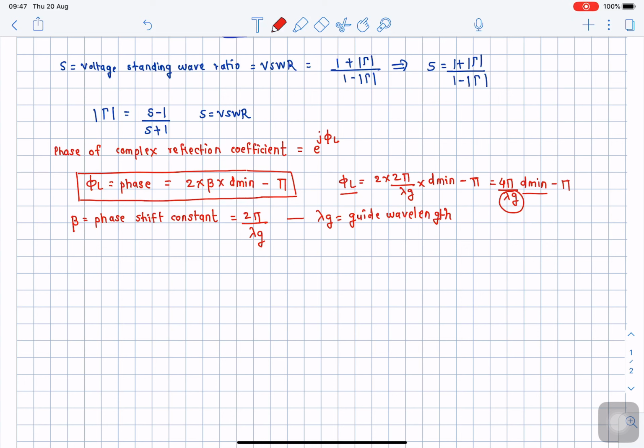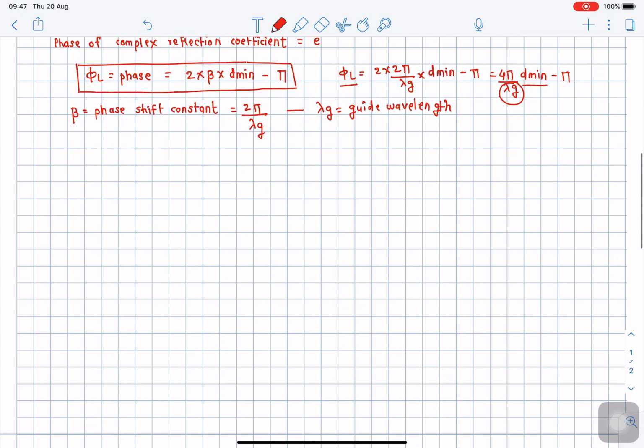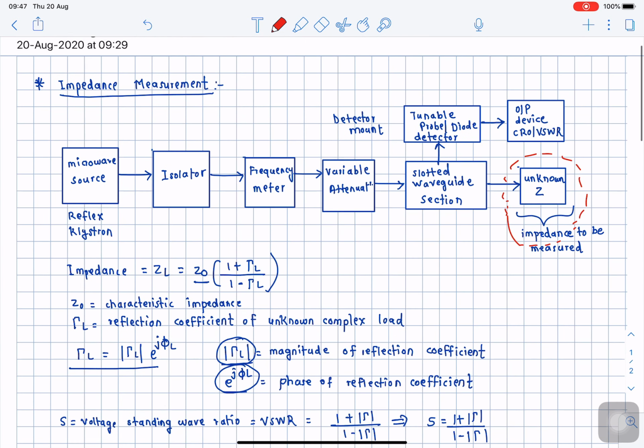Now we will see a procedure in which the measurement of guide wavelength and the measurement of d minimum can be done together at a time. We will use the same setup as shown over here.